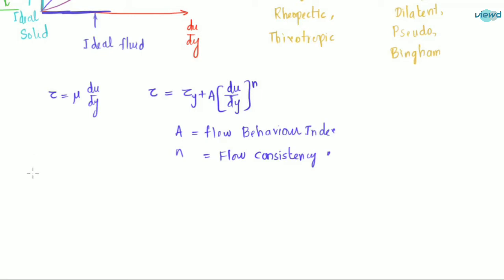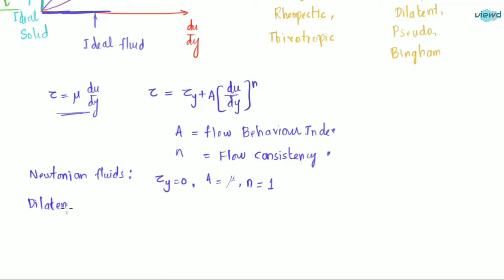So for Newtonian fluids, tau y is equal to 0, a is equal to 1 and n is equal to 1.